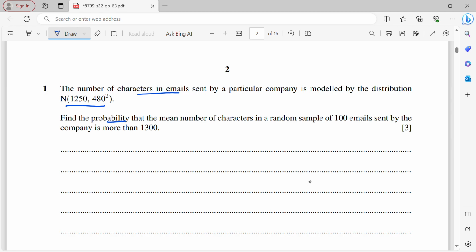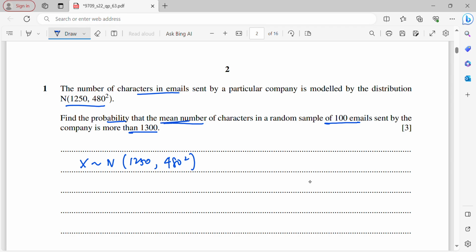Find the probability that the mean number of characters in a random sample of 100 emails sent by the company is more than 1300. So from here, let X be the number of characters in one email. X is normally distributed with mean 1250, variance 480 squared.